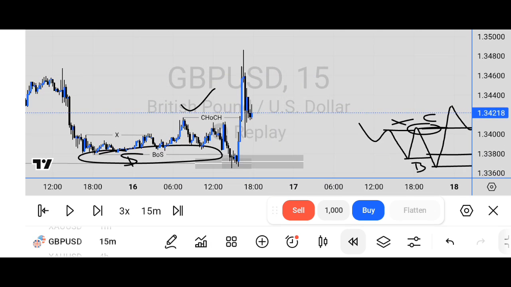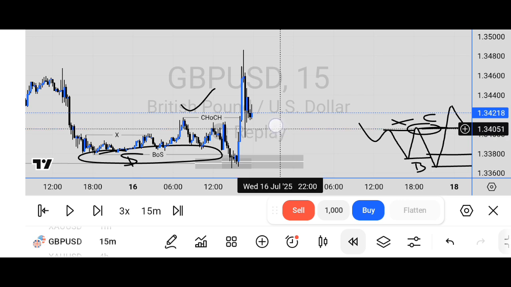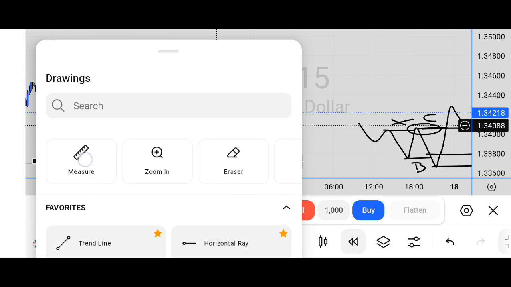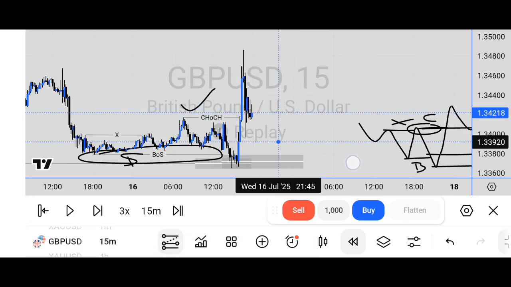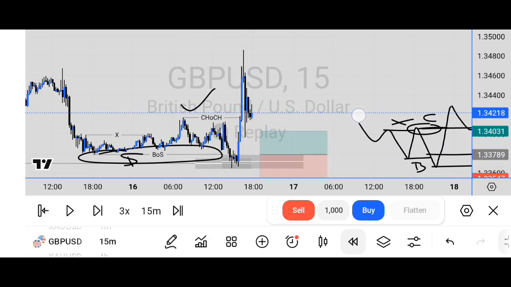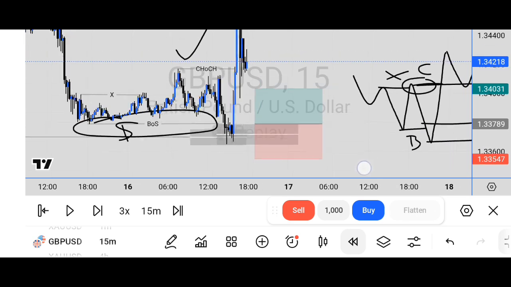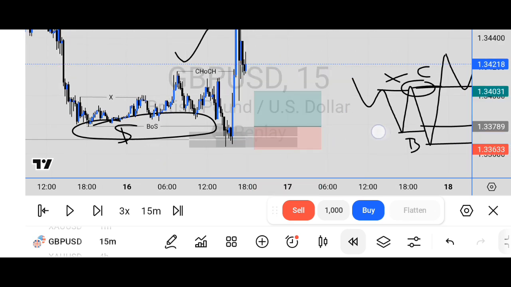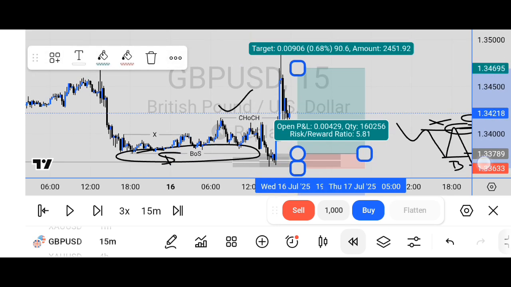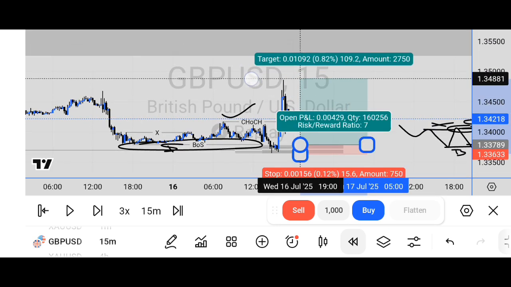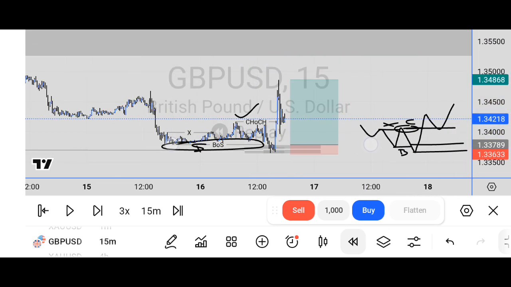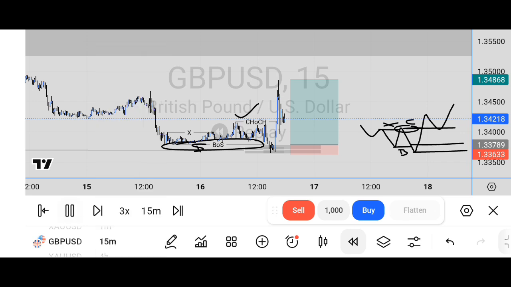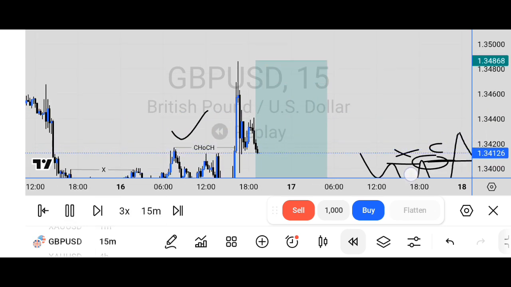Once price taps this order flow and does not react, we can take a risk entry right here, since this is the only unmitigated order block, with our stop loss just below this and our first target right here. Let's see what actually happened if I play the price forward now.